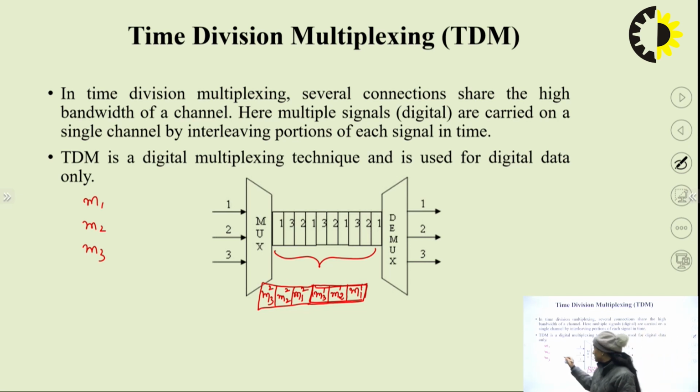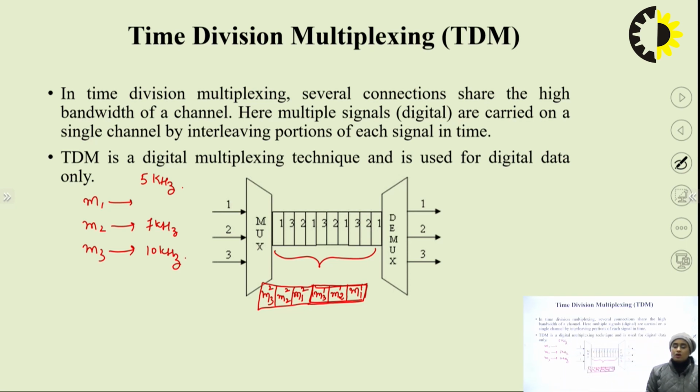Let's suppose I am considering 3 message signals here. First of all, how does a different rate of sampling help me in performing TDM? Let's suppose my message 1 was of frequency 5 kilohertz, my message 2 was of frequency 7 kilohertz, and my message 3 was of frequency 10 kilohertz.